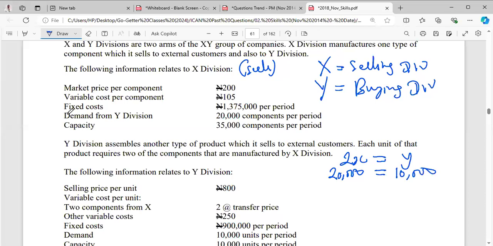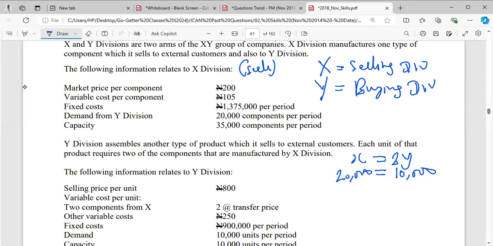Okay, so sorry, I made a mistake here. So 2X is 1Y. That's what I want to say. For X to be used in making Y, 2 of X are needed per Y. So if we have 20,000, it means 20,000 divided by 2, which is 10,000 units you are making.